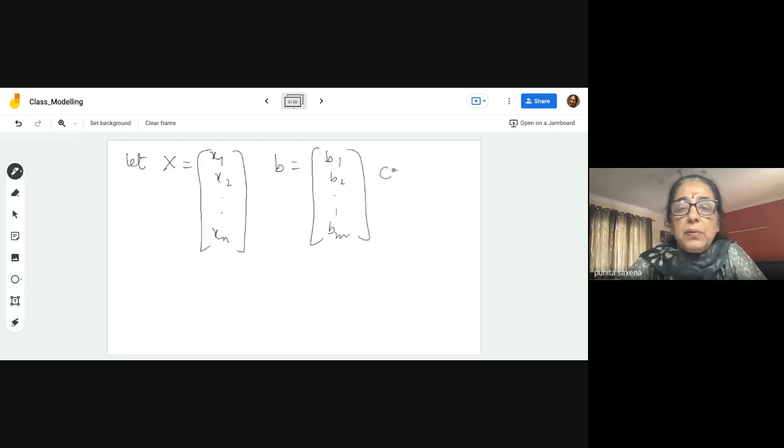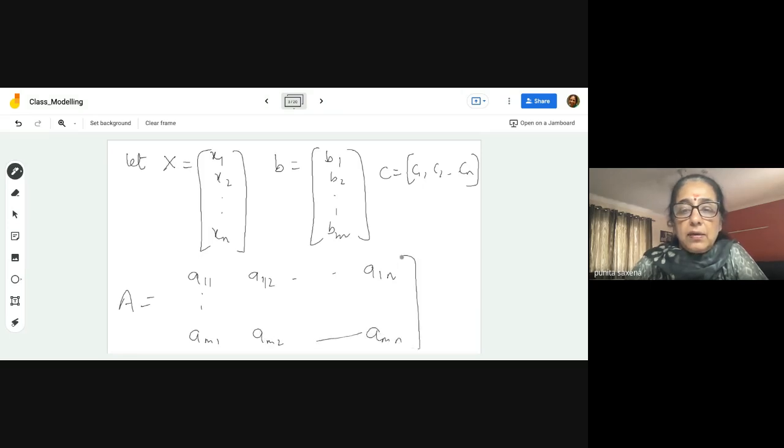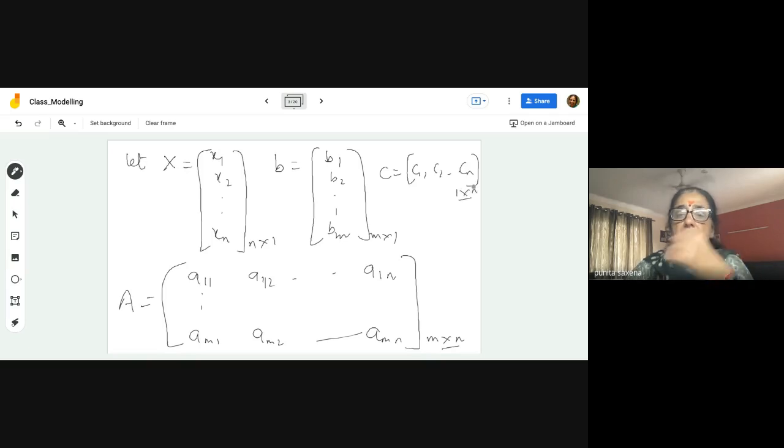I define the matrix C as c1, c2, cn, and I define the matrix A as a11, a12, up to a1n, and so on, up to am1, am2, amn. This matrix A is going to be m cross n, m rows and n columns. X is n cross 1, B is m cross 1, and C is 1 cross n.